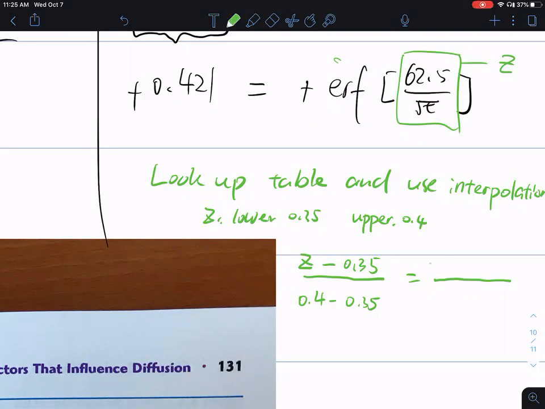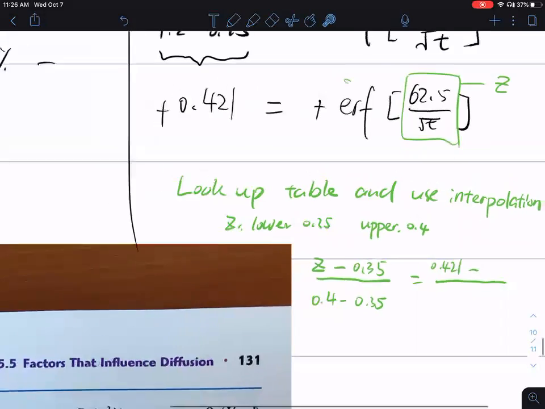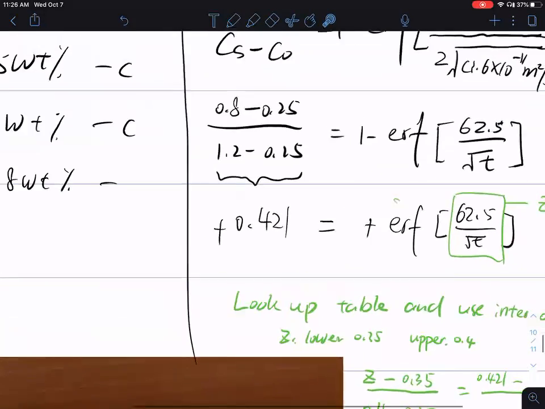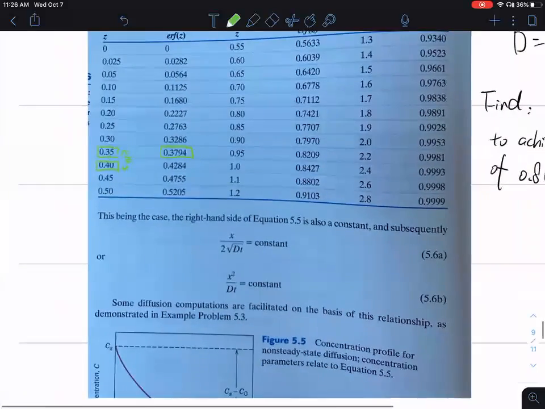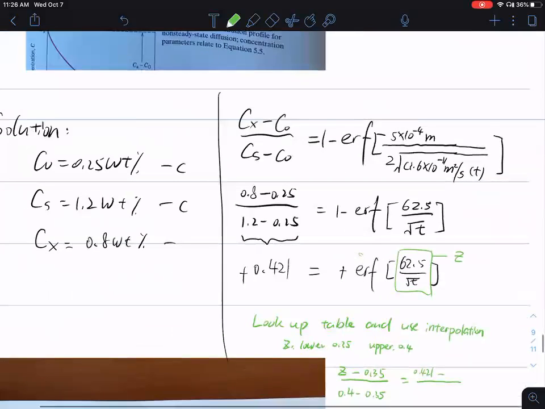So we put 0.421 there, minus the value of the error function for 0.35 on the table, which is 0.3794.